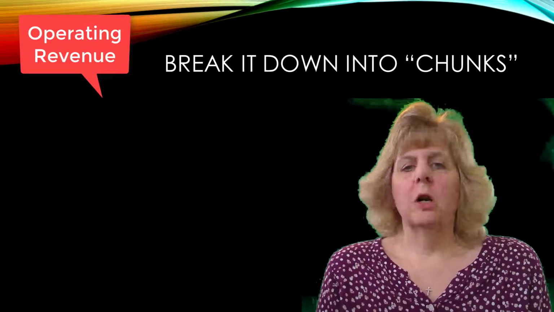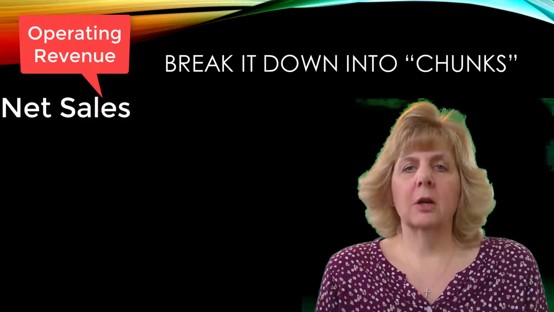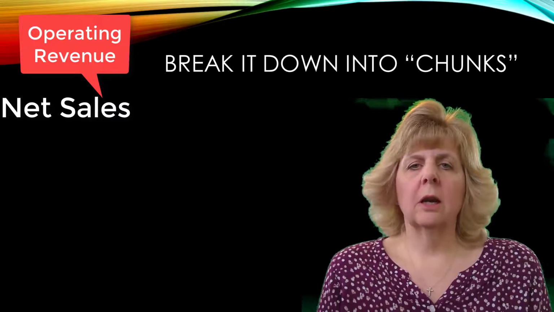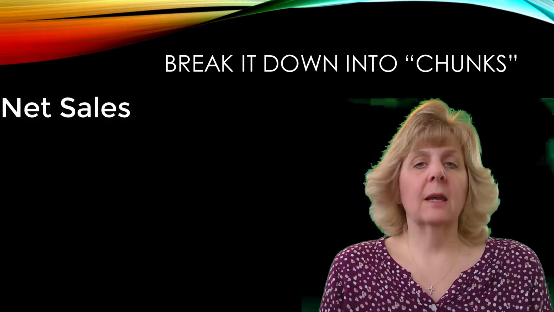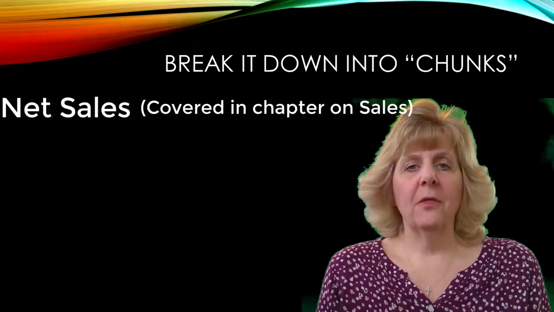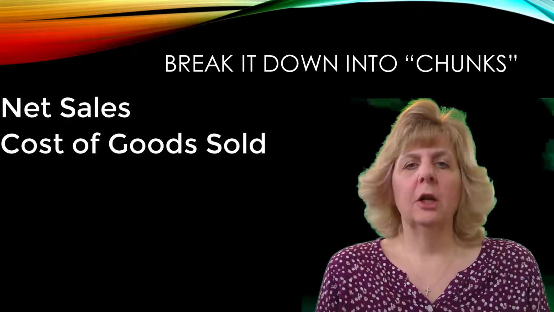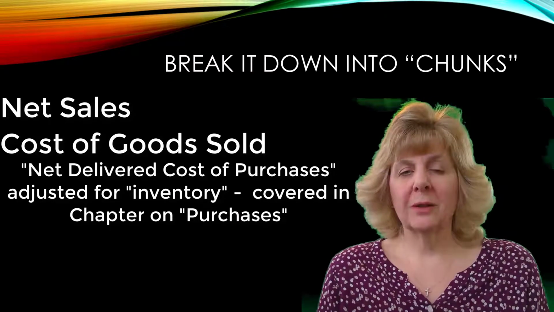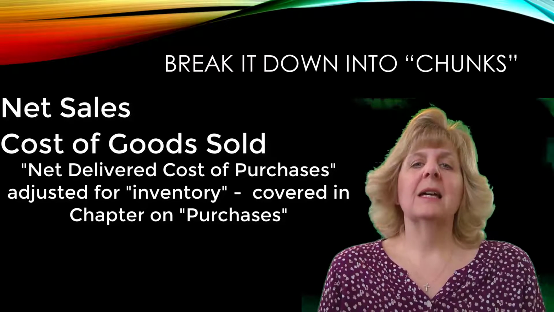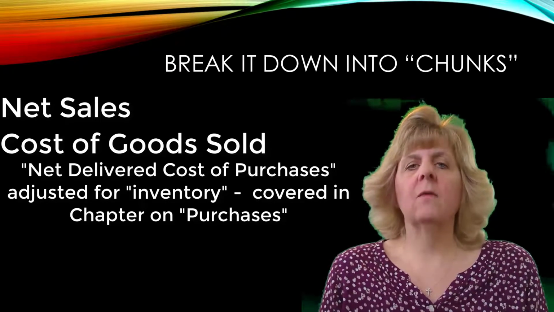The first part of the multi-step income statement is the operating revenue section, or as we learned, the computation of the net sales. We learned this back in the chapter on sales. The next major chunk is called cost of goods sold. You have heard me mention this before. In a nutshell, as you'll see later, it's the net delivered cost of purchases tweaked for inventory.